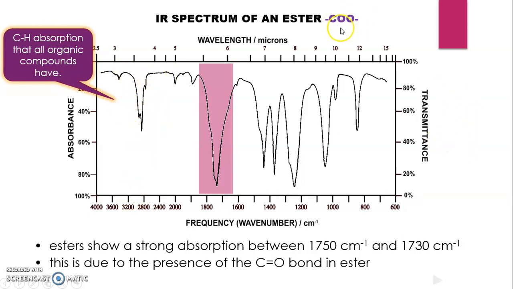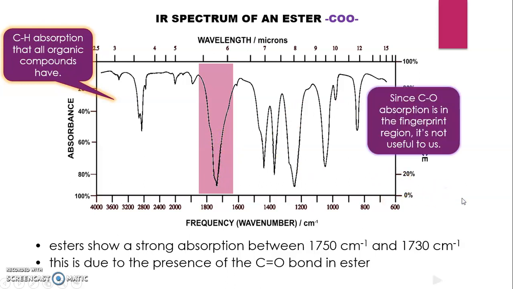So how about the carbon-oxygen single bond that helps us to confirm it's an ester? Because ketones also have a carbonyl group, which should also have a dip, and aldehydes will also have a dip. Well, sadly, the carbon-oxygen single bond is in this fingerprint region, so it's not really useful to us.